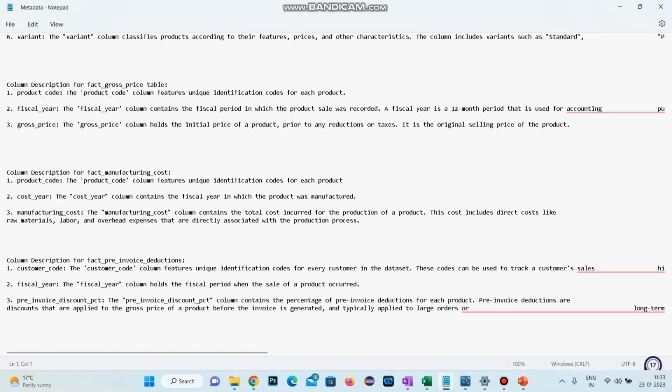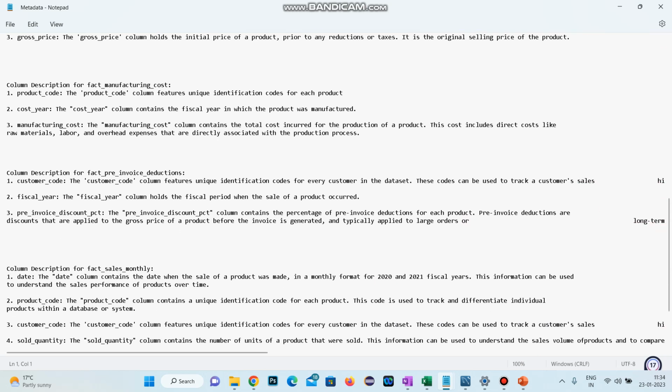Now the fifth table is fact pre-invoice deduction. This is for customer code, fiscal year, and pre-invoice discount percentage, which is the percentage of pre-invoice deduction for each product relative to the gross price of the product before the invoice is generated.